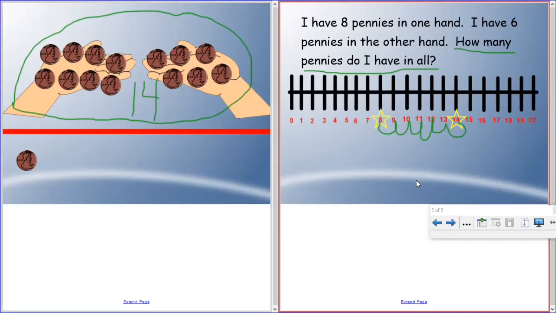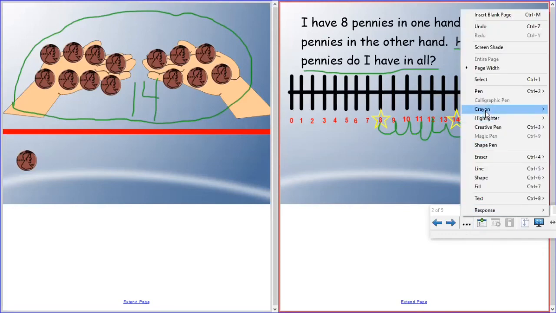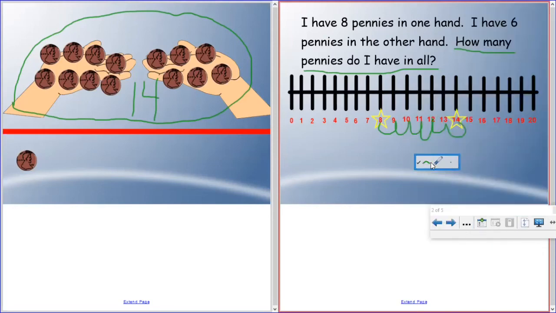Now let's write a number sentence that represents the problem. The first sentence says I have 8 pennies in one hand. 8 is my starting number. That will be the first number in the equation, in the number sentence. I'm going to write the number 8. Now remember, we had to join the sets together. So that means we were doing the operation called addition.